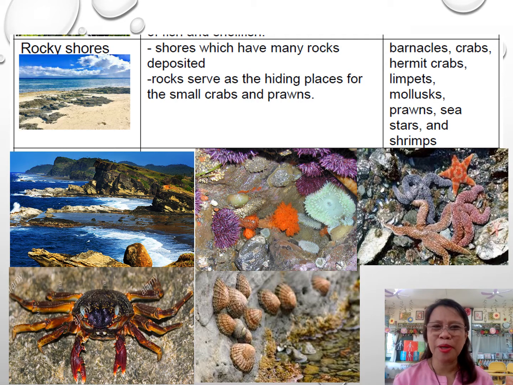Okay, so like the purple crab, barnacles, hermit crabs, the limpets, the mollusk, the prawn, and then sea stars and shrimps. Try to look at sa mga illustration mo ni some of the examples nga makita nato sa rocky shores.